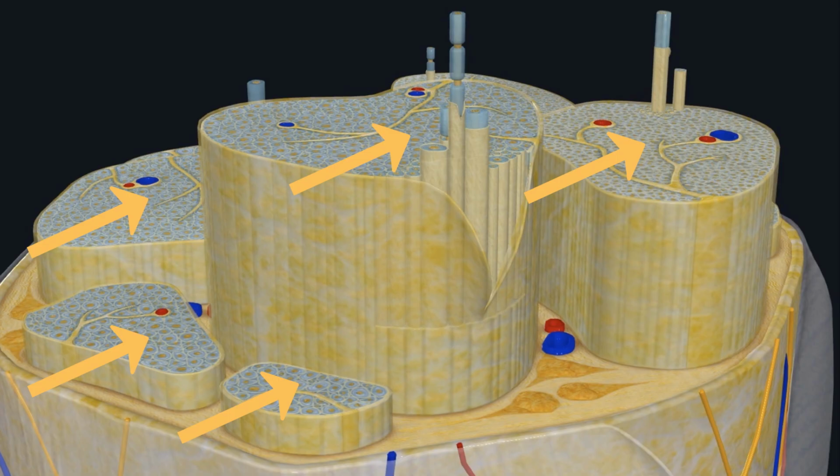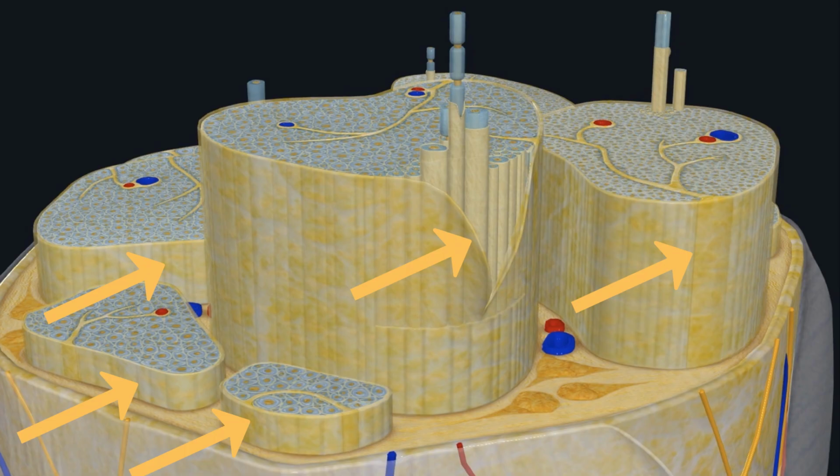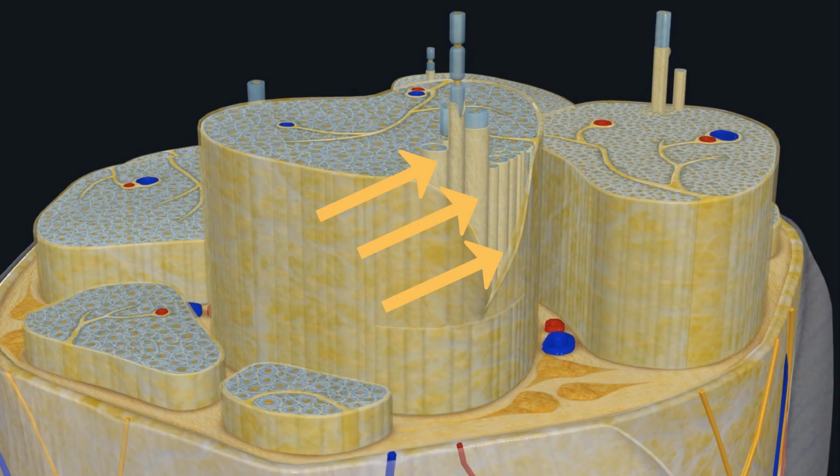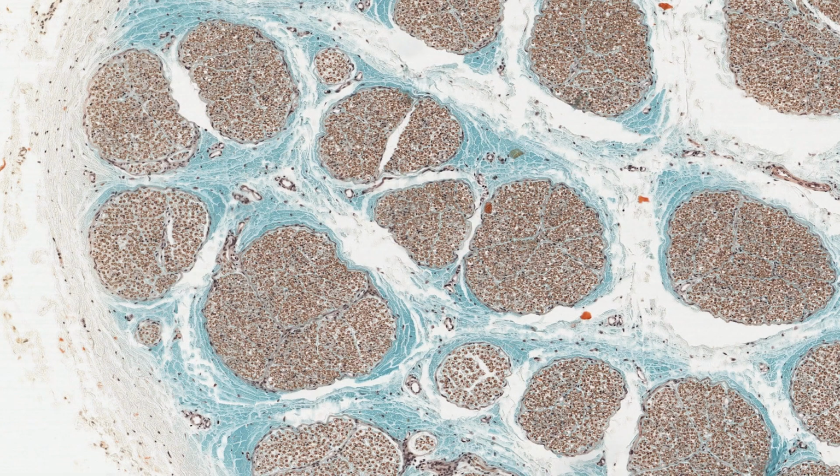Each nerve bundle or fascicle is intimately enveloped by a perineural sheath, and each individual nerve fibre within fascicles is encased in an endoneural sheath. And around the entire nerve, the outer connective tissue sheath is the epineurium, which also surrounds each nerve fascicle or nerve bundle. Look at this transverse section through a peripheral nerve.